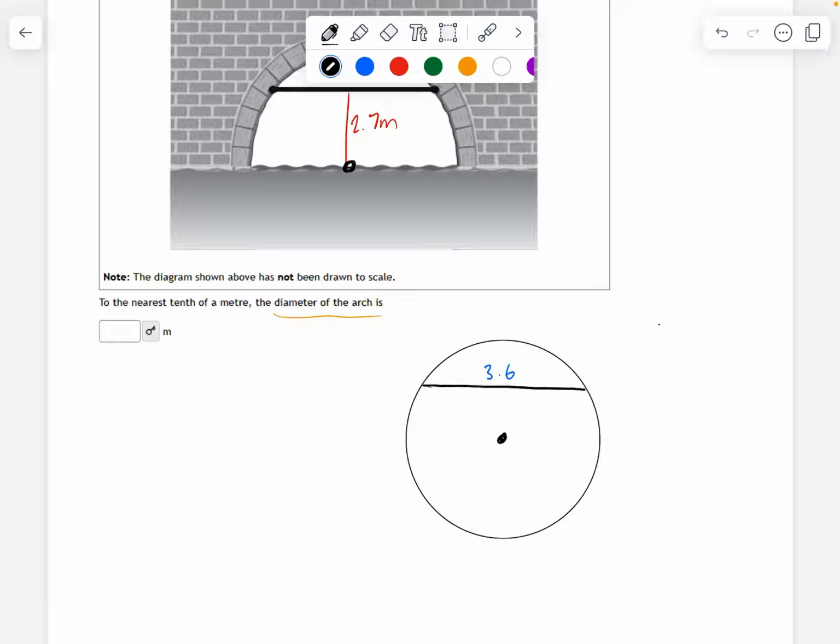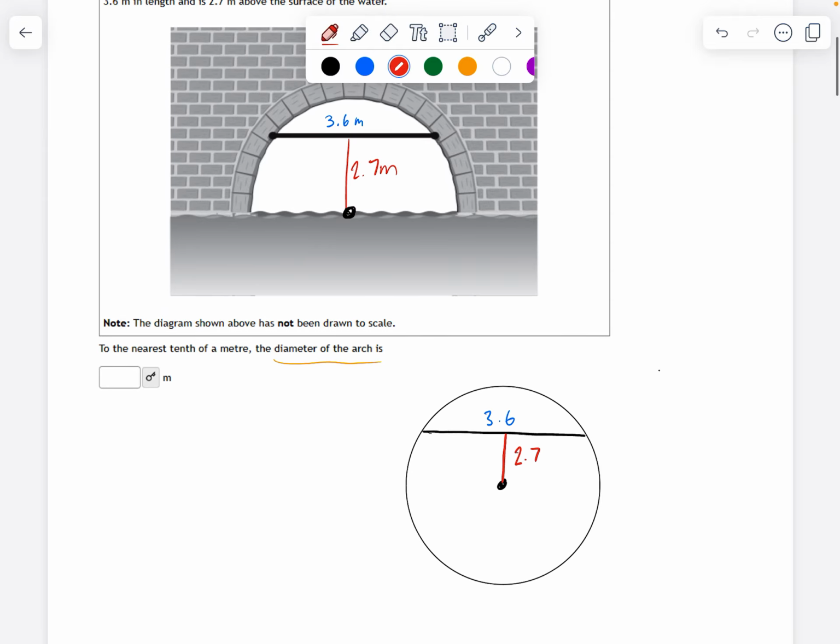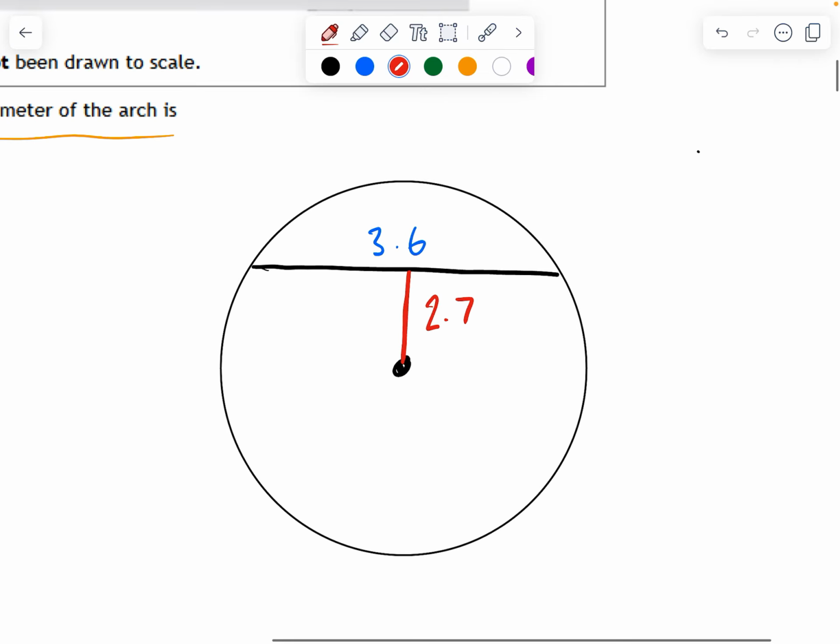That's going to be where that distance from the beam to the center is. All right, and that's what we know so far. So our goal is to find the diameter of the arch. Now remember, a diameter is essentially the distance from one end of the circle to the other that passes through the center.